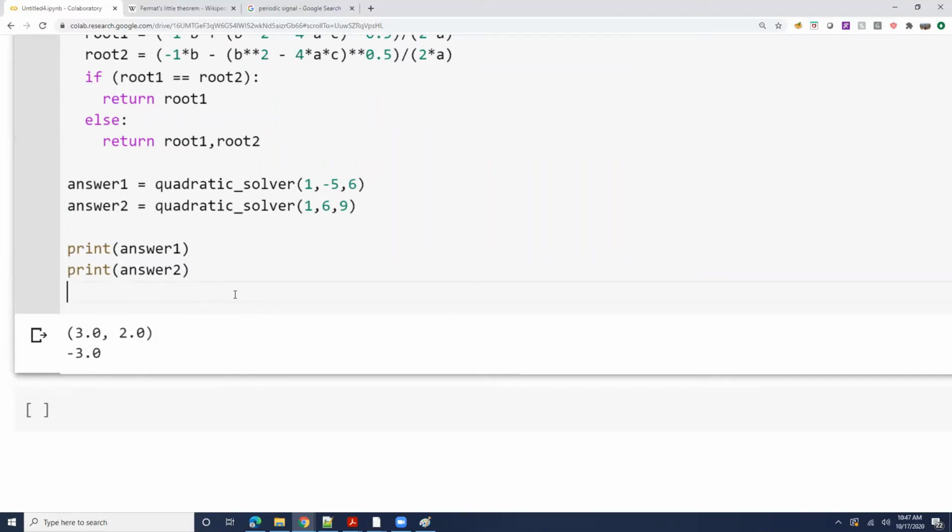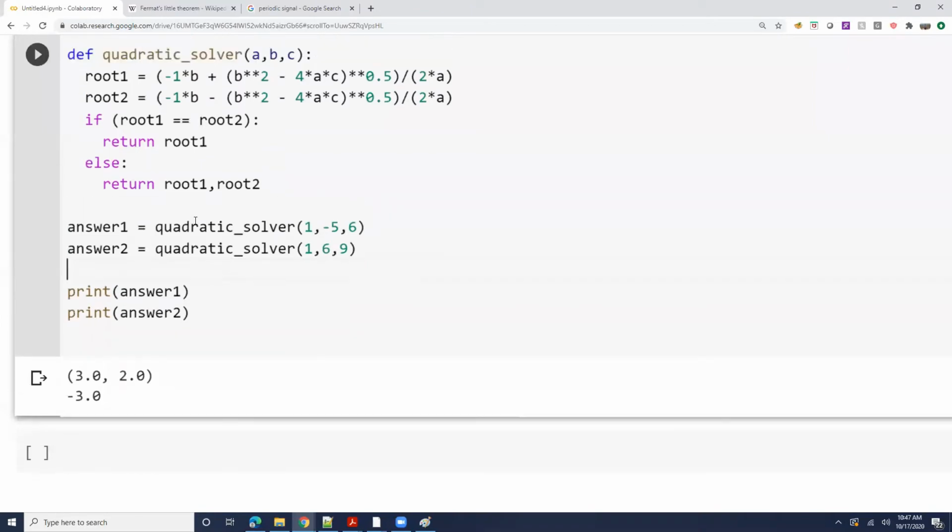Now your function is kind of funny because sometimes it returns one value, sometimes it returns two values. So can I now assume it will come into a tuple like this, root1 comma root2, root3 comma root4?